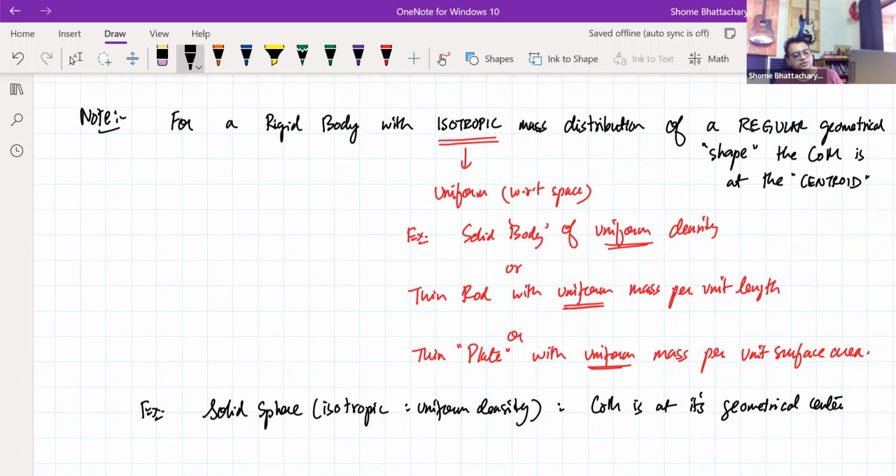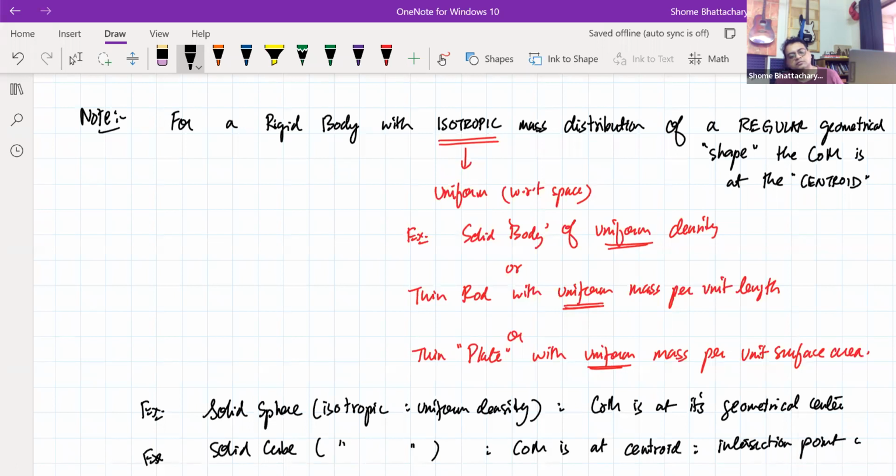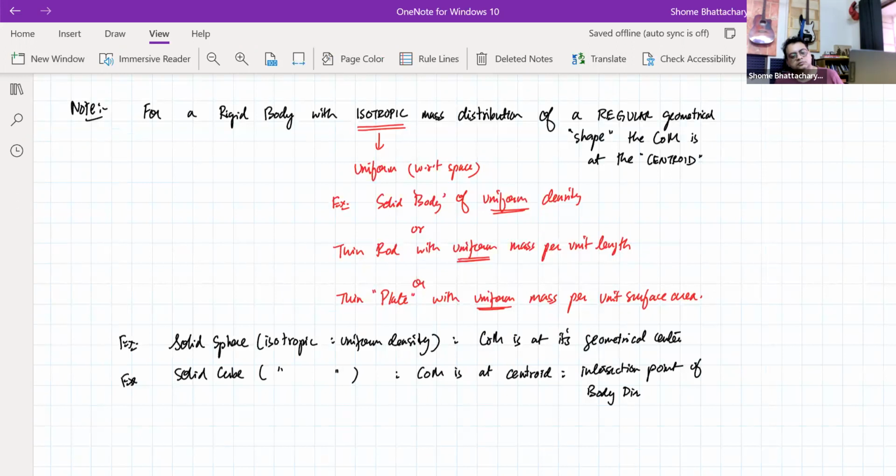If we have a solid cube, which is also isotropic of uniform density, then the center of mass is at the centroid. And for a solid cube, the centroid is the intersection point of the body diagonals. So this is our solid cube.